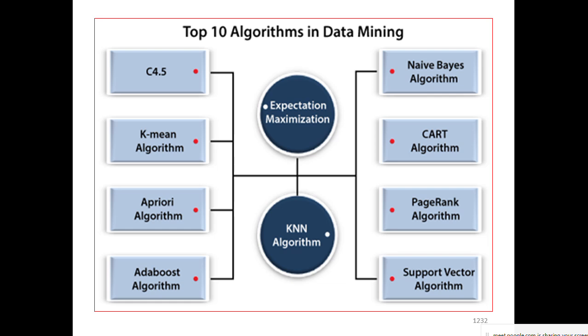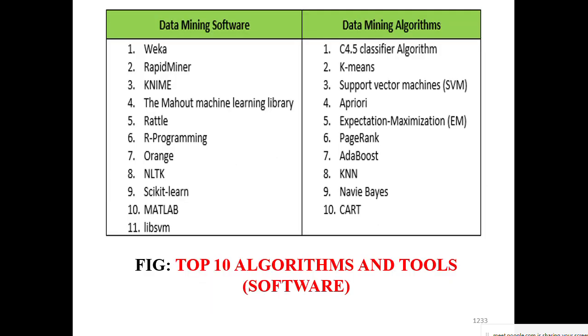AdaBoost is a classification algorithm. Expectation maximization, KNN algorithm. We have a number of algorithms like naive Bayes, CART (classification and regression trees), PageRank, support vector machine. These are the classification techniques.